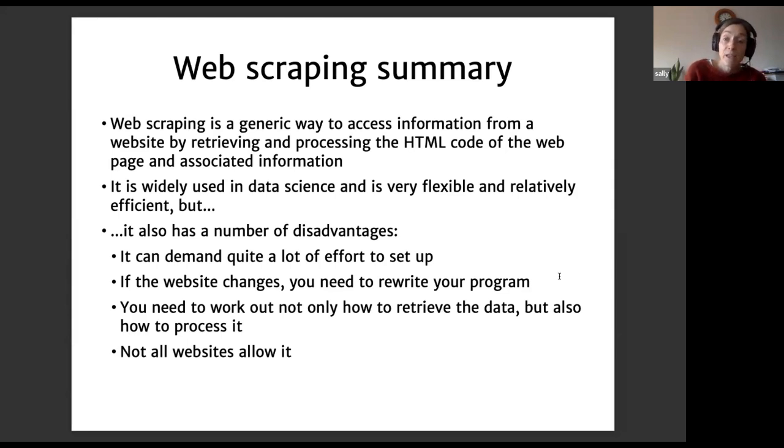And in fact, once I've managed to retrieve that data, I have another problem, which is that I also need to work out how to process it once I've got this raw information. So web scraping is a very generic tool. It's potentially a very flexible and useful tool, but if you've got any other option, it's best not to use it.